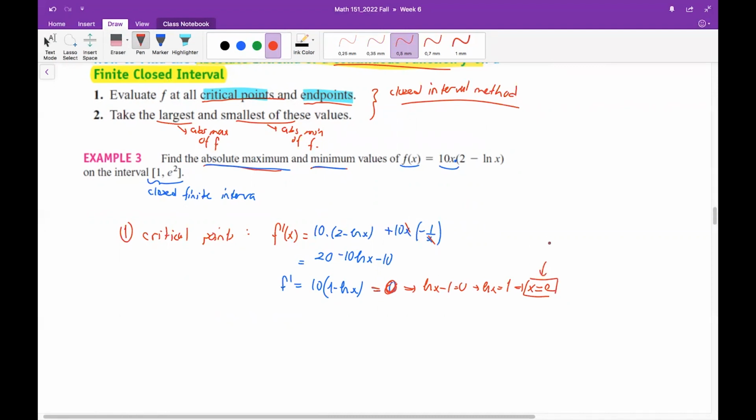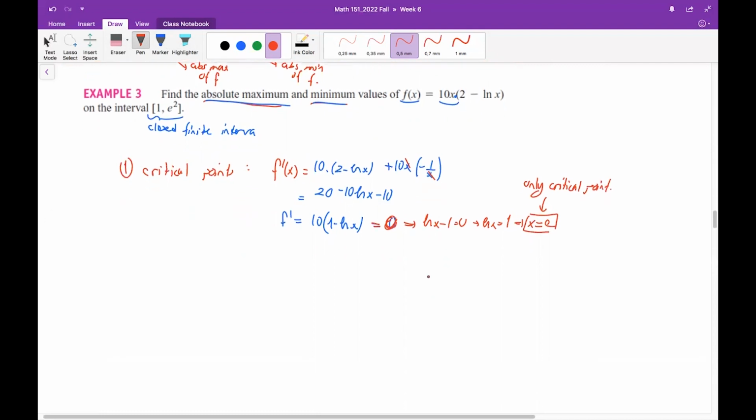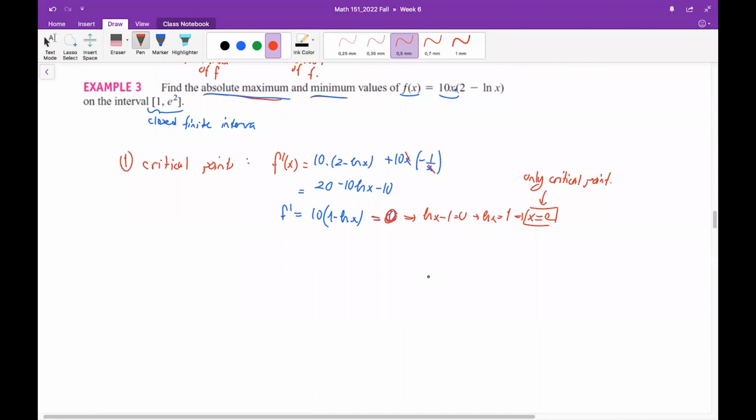So this is the only critical point for us. Is there any point at which your first derivative is undefined over its domain? Okay, so no such values. That's why this is the only critical point.